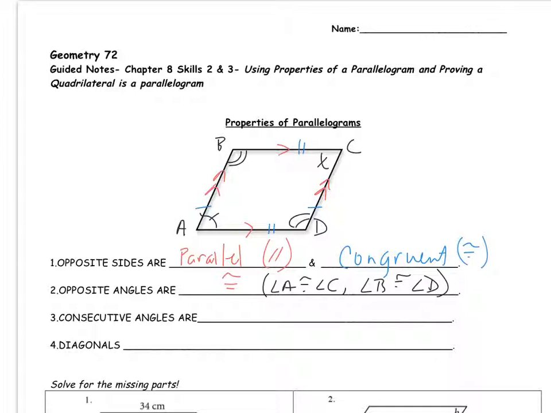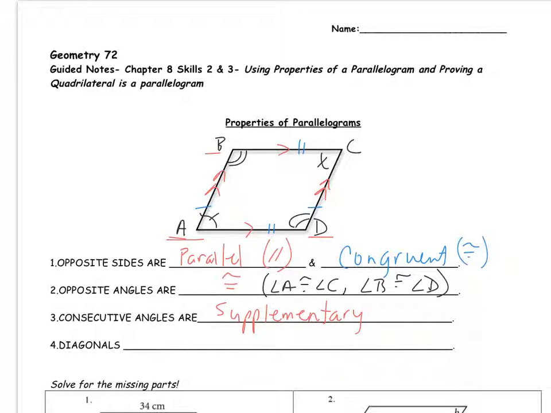Consecutive angles refer to angle A and angle B, and angle A and angle D. What would be true about them in a parallelogram? Very good. They're supplementary. If you need to, put down that supplementary means that they add up to 180 degrees. So an example.